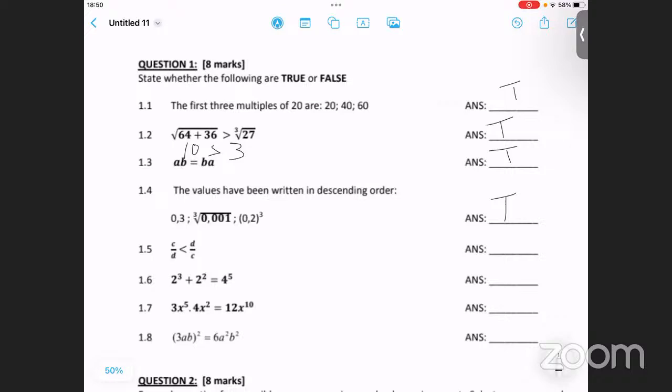Is it true or false? Ma'am, I think it's going to be true. And why do you think it will be true? Because, ma'am, most often the denominator is the larger value and the numerator is the lesser value, I guess.